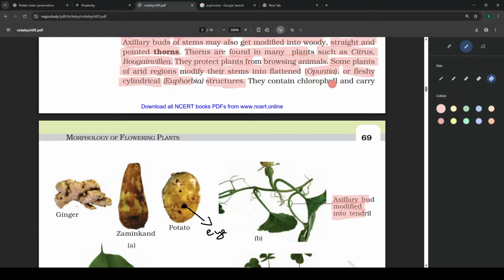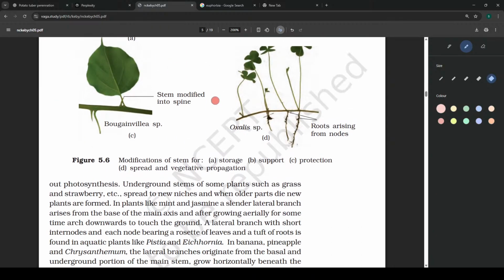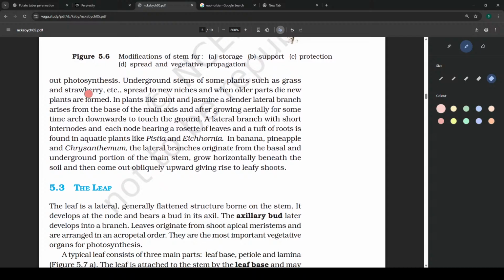In case of Opuntia, the stem is flattened and fleshy, and in case of Euphorbia, it is cylindrical. They contain chlorophyll and carry out photosynthesis.